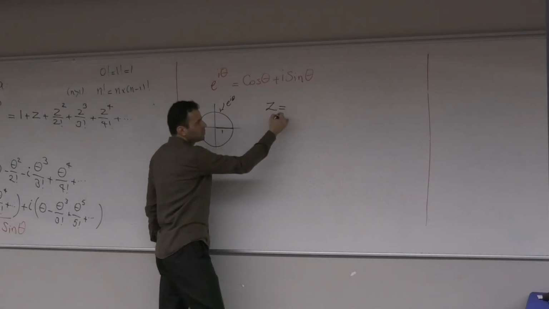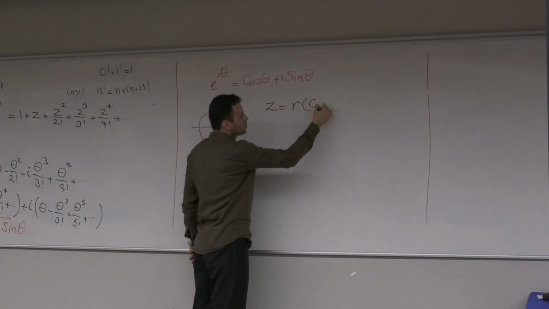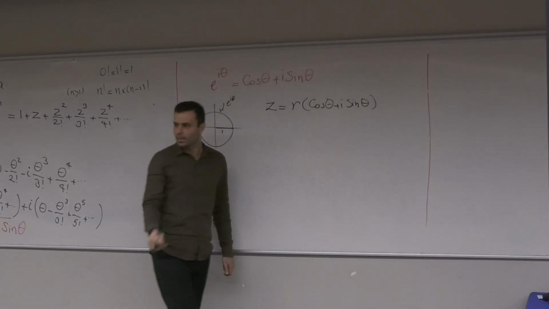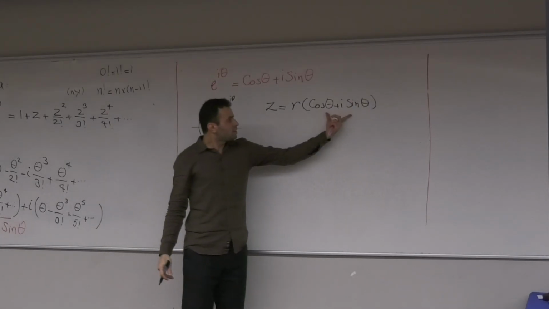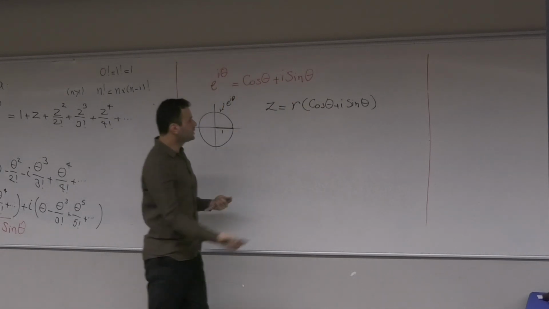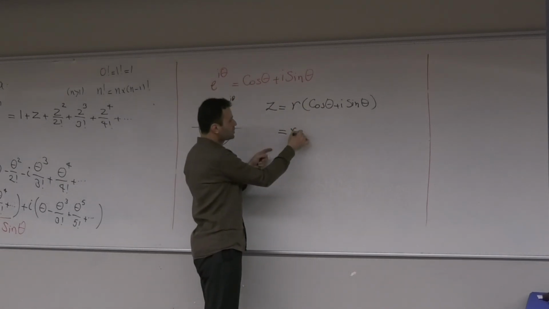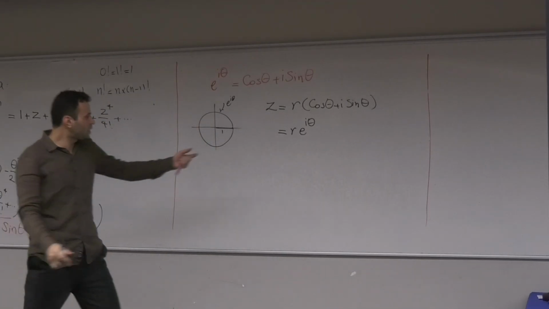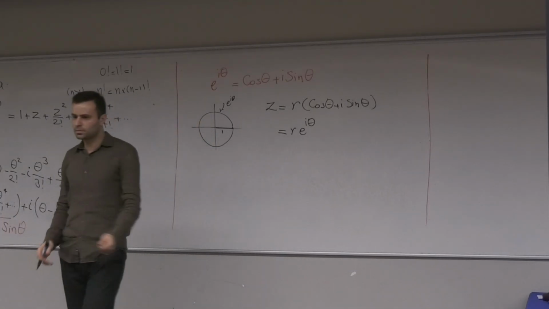Any complex number, you could write it as cosine of theta plus i times sine of theta, right? Now, instead of this, if I write e to the power of i theta, I can show all of the complex numbers in this form as well. It's called the exponential form of complex numbers.